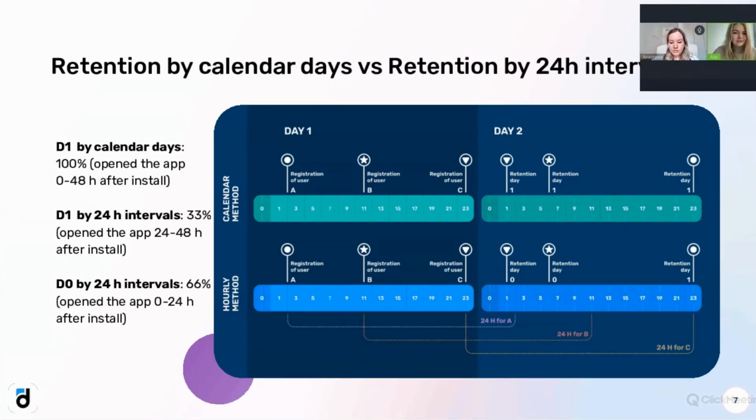Calendar calculation is useful for longer periods of time, and gives you an idea of how users are retained during particular calendar intervals, for example a day, week, or month.